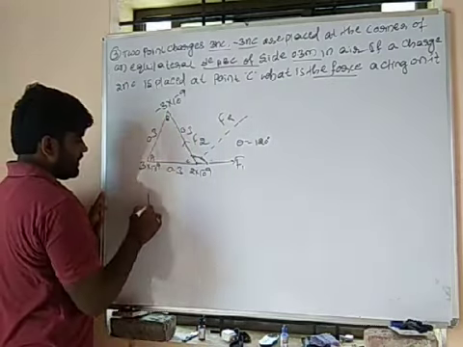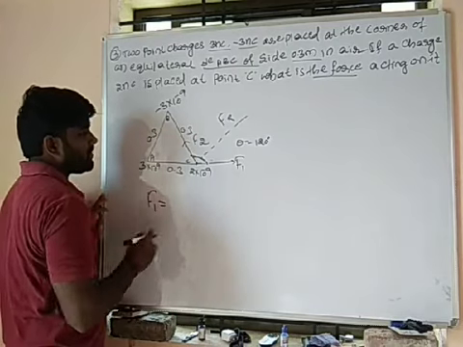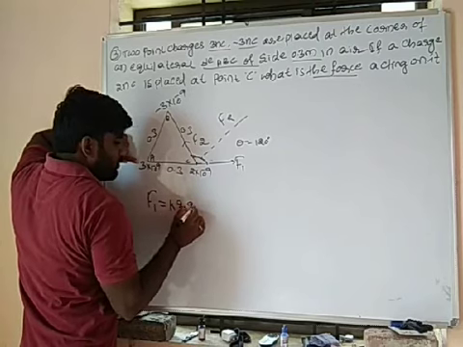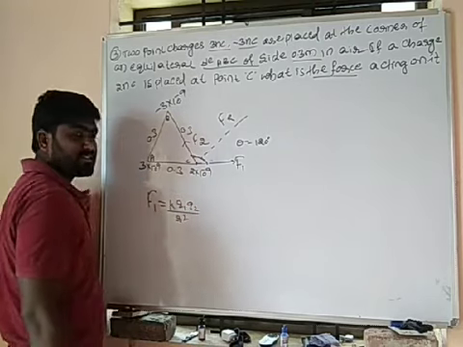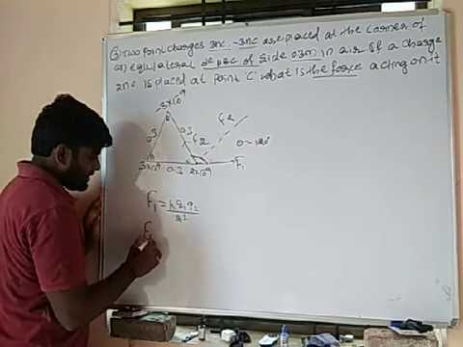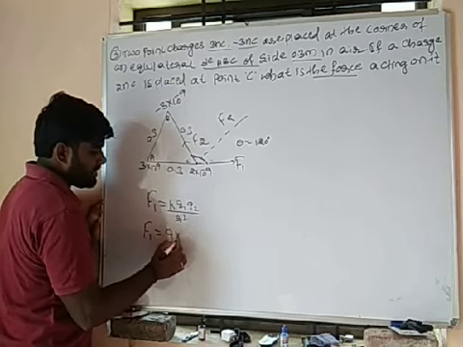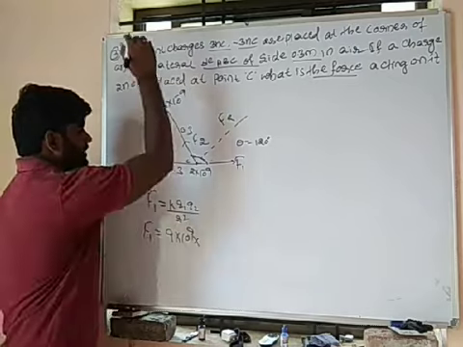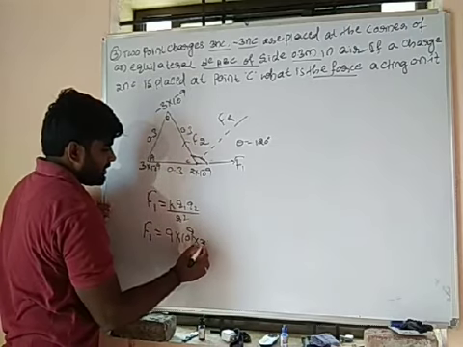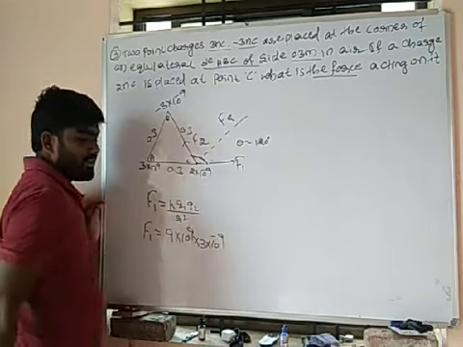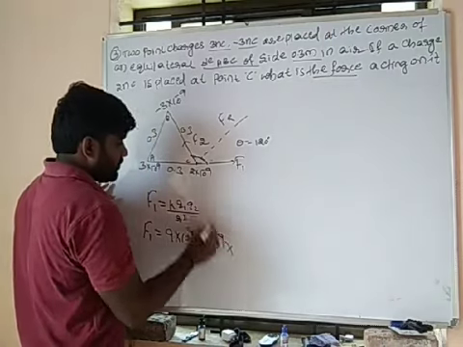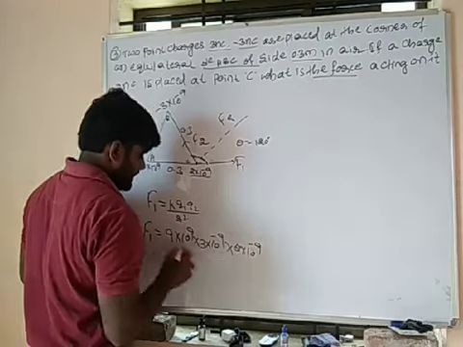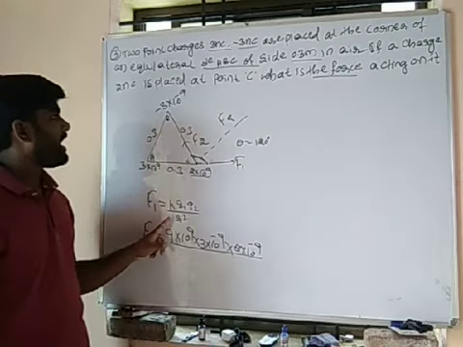Okay? So this F1 is equal to K Q1 Q2 divided by R square. Then this F1 is equal to K, which is 9 into 10 to the power 9, into Q1. I am taking Q1 as 3 into 10 to the power minus 9, into Q2, 2 into 10 to the power minus 9, whole divided by R square.